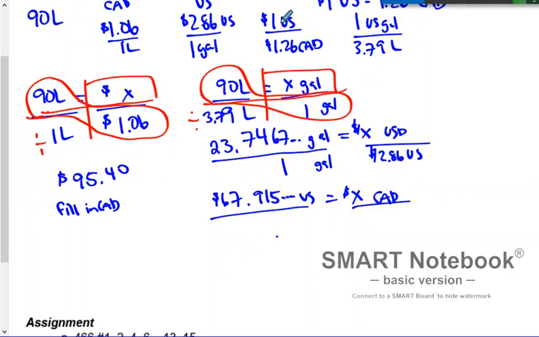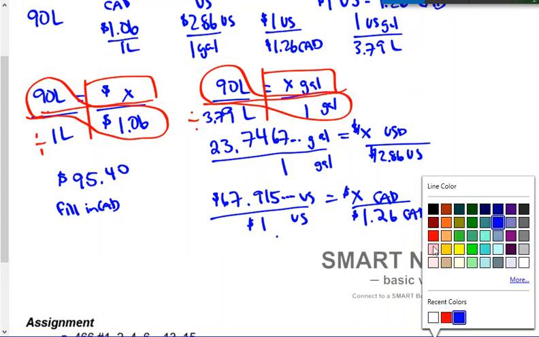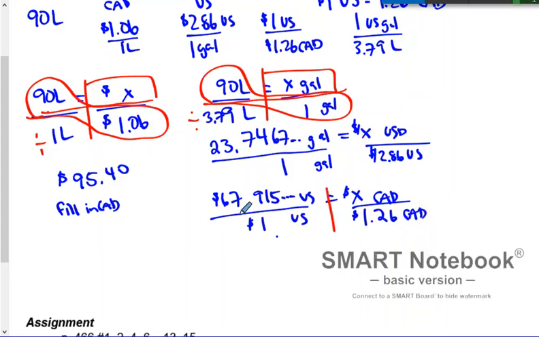So same thing, so 1 US dollar is 1.26 Canadian, so 1 US, making sure that our units are lining up, is 1.26 Canadian. Okay, so same thing.